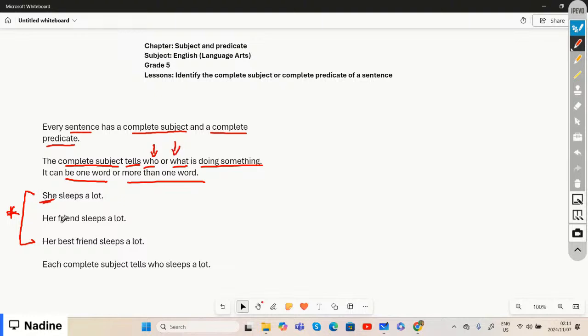So it's either one word or more than one word. Here it says she sleeps a lot. So now the question is, who sleeps a lot? We can say she sleeps a lot.